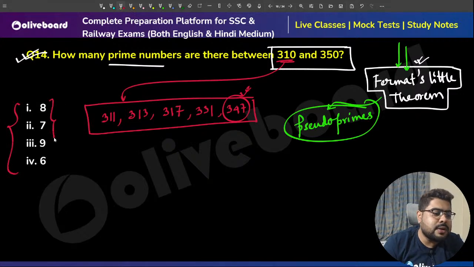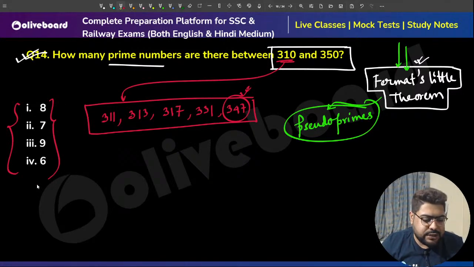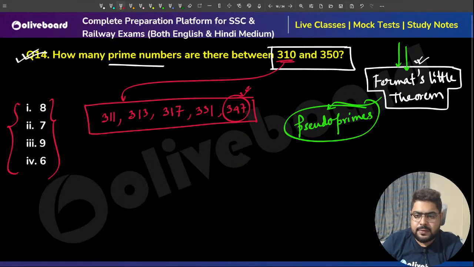Option is not there. One second. Where is that question? Again, it's very difficult to actually figure out the question.